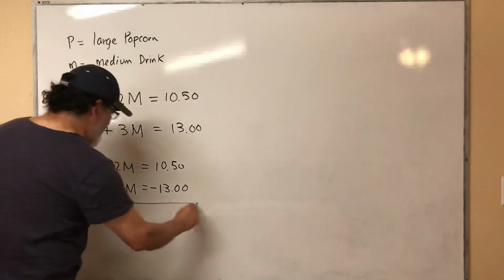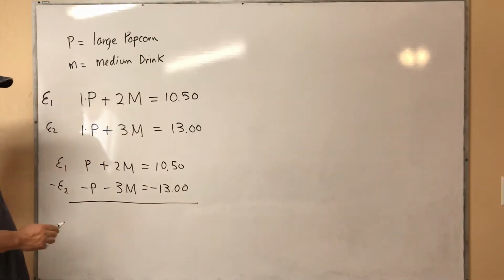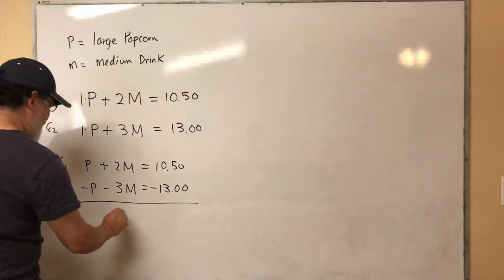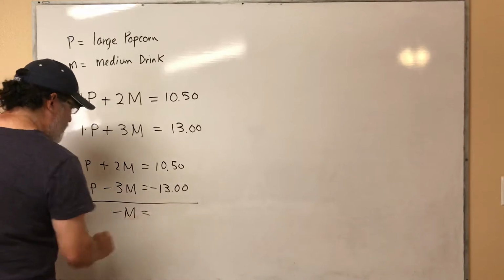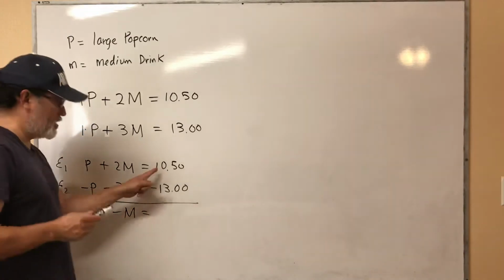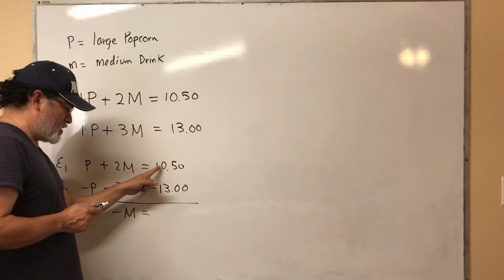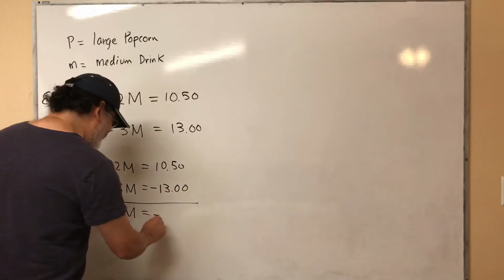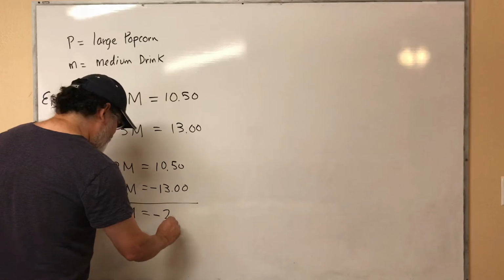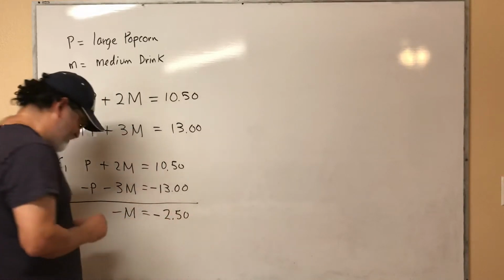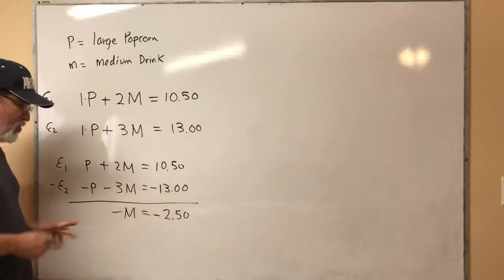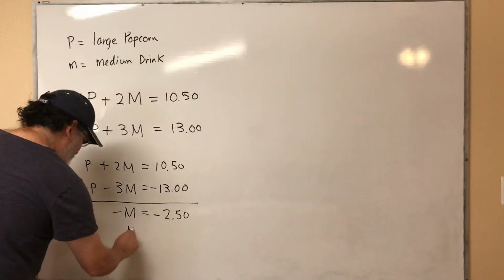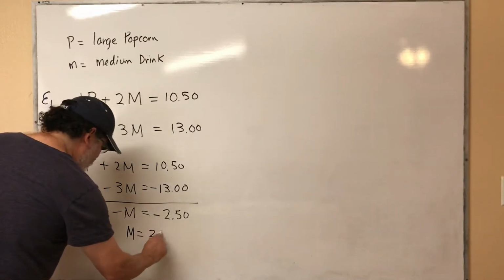And so when we add, the P's cancel. 2M minus 3M is negative M, equals $10.50 minus 13 bucks, which is what? Negative $2.50. Multiply both sides by a negative, and so therefore M equals $2.50.